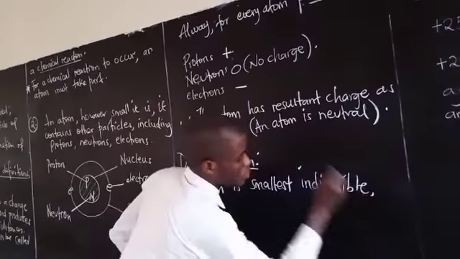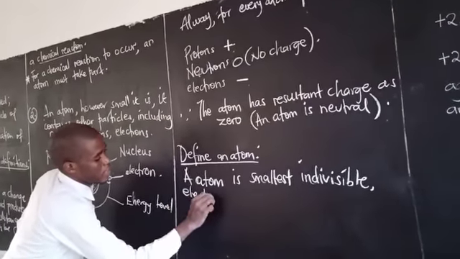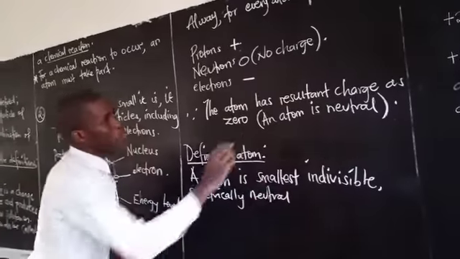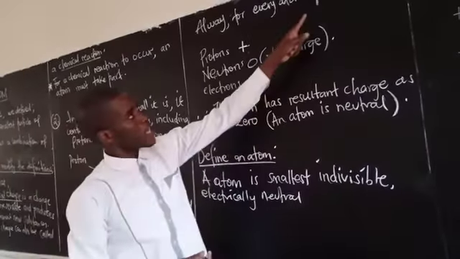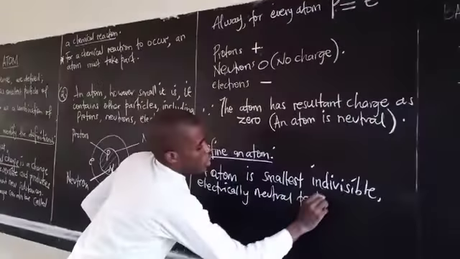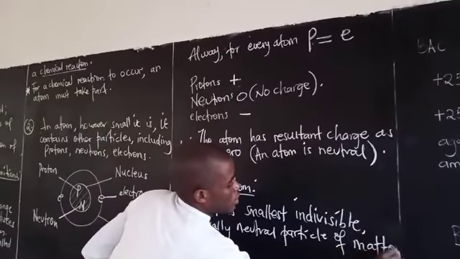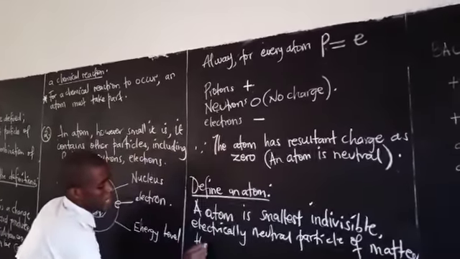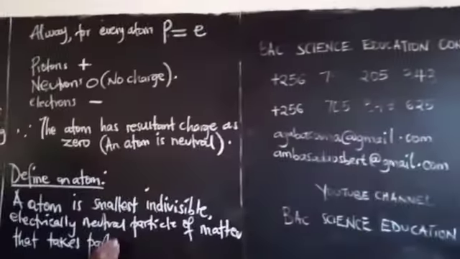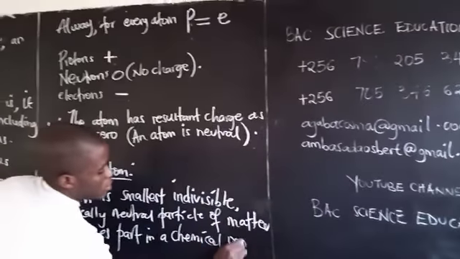Indivisible, then electrically neutral, because we have already seen that it is neutral since it has no charge, and it is a particle of matter that takes part in a chemical reaction.